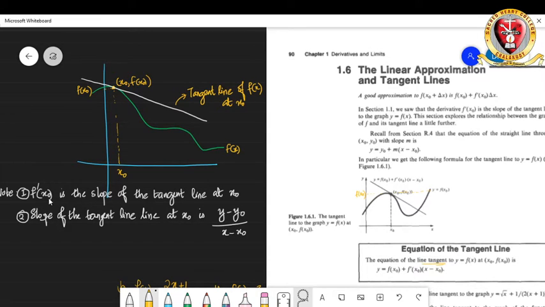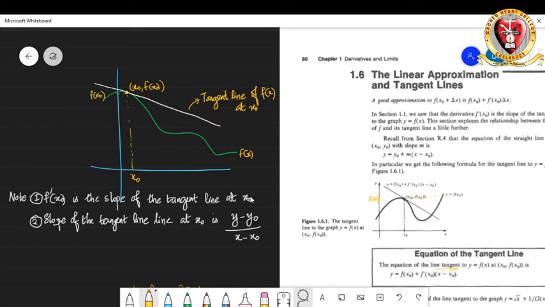f dash of x naught is the slope of the tangent line at x naught. And also we know how to calculate the slope of a line. If you call y naught equal to f of x naught, then if you have two points x, y and x naught, y naught, the corresponding slope of that line will be y minus y naught divided by x minus x naught.